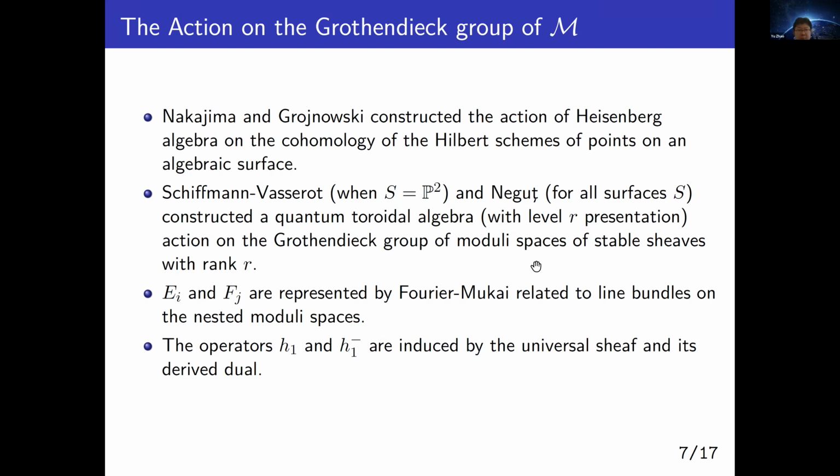Because we remember that for an algebraic variety, we can always consider the derived category of coherent sheaves on this algebraic variety, and for each element, we can associate it to the K-theoretic, the Grothendieck group, the K0 part of this variety.